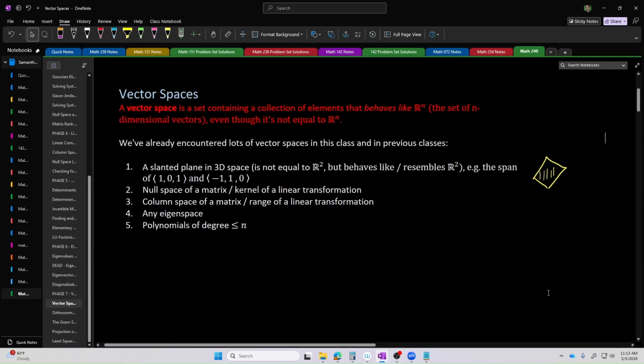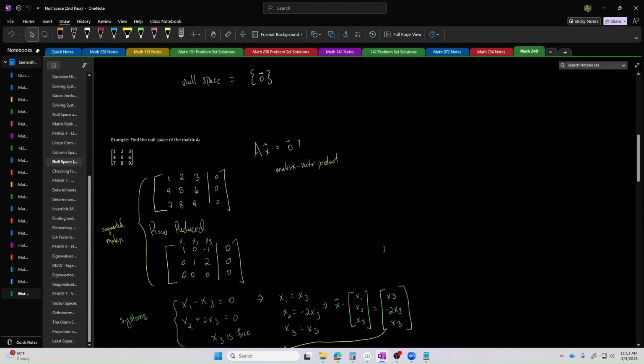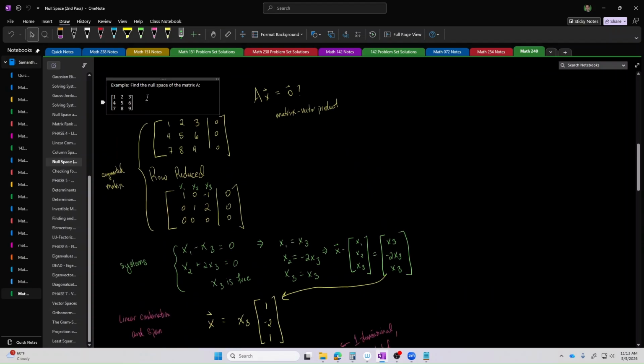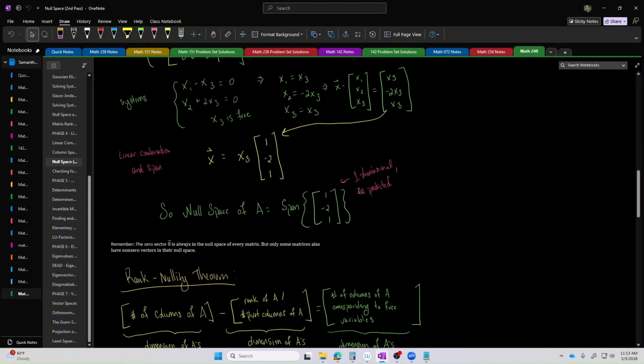Other examples of vector spaces: the null space of a matrix, also known as the kernel of the associated linear transformation. For example, when we found the null space of this matrix A back in a previous lesson, we saw that this null space could be understood as the span of a single vector (1, -2, 1).